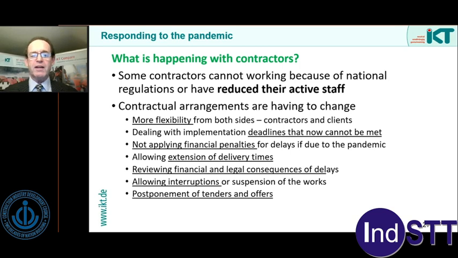Better ways of dealing with deadlines, not applying financial penalties for delays, extensions to delivery times, consequences, financial and otherwise, of delays, more interruptions allowed or suspension of work. But there has been some postponement of tenders or offers during the period.